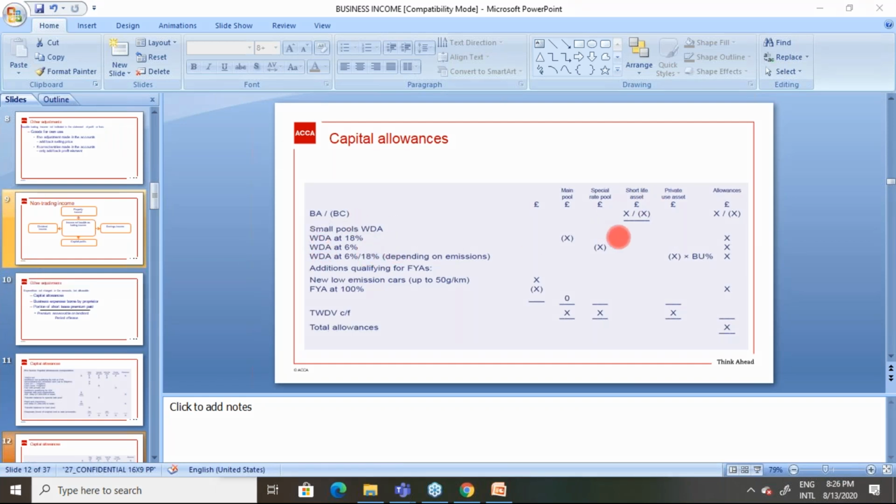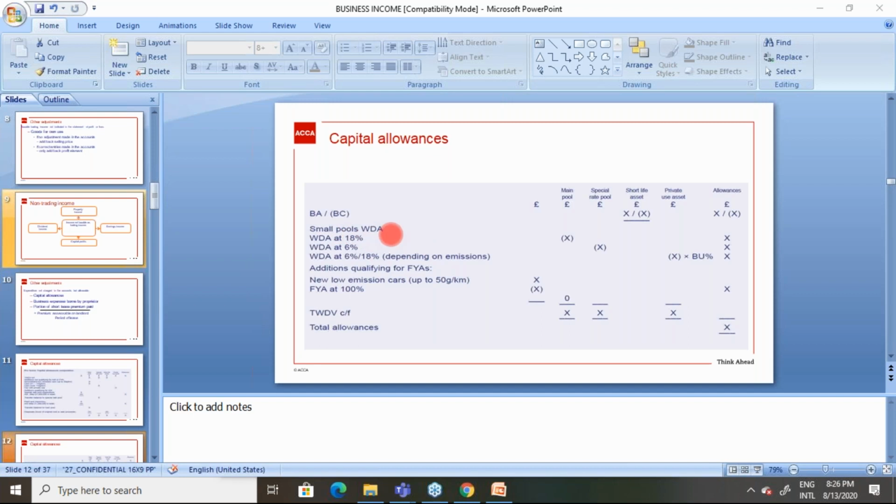Okay, so WDA at 18%, WDA at 6%. Here, private use asset. You calculate the capital allowance in the normal way, but from that you can claim only the business use. And there's another concept called small pool WDA. These things have not been tested, but it's there in the syllabus.